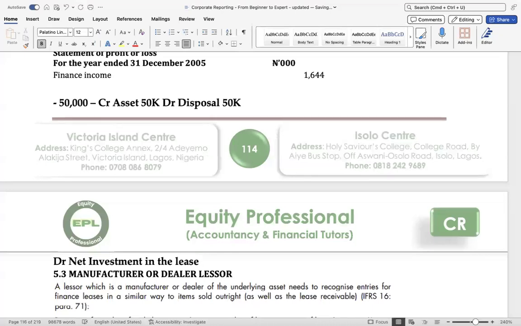It becomes a lease receivable with, how much did you call it? 60K, right? 60,000, yes. And you're going to credit that disposal account with 60,000.